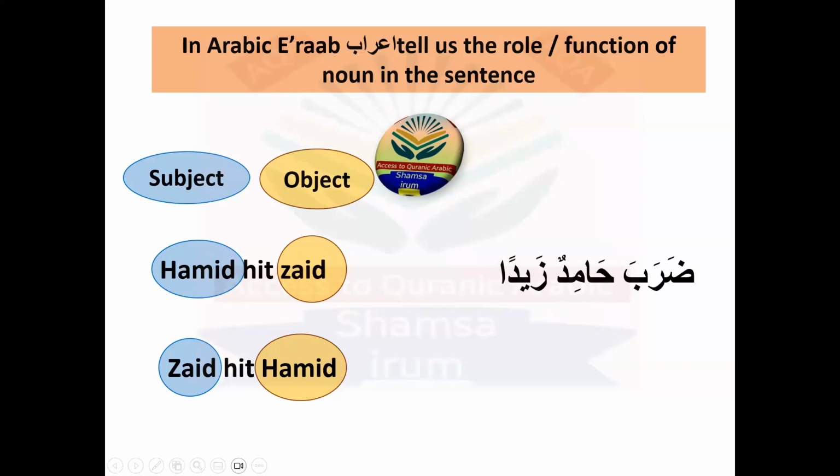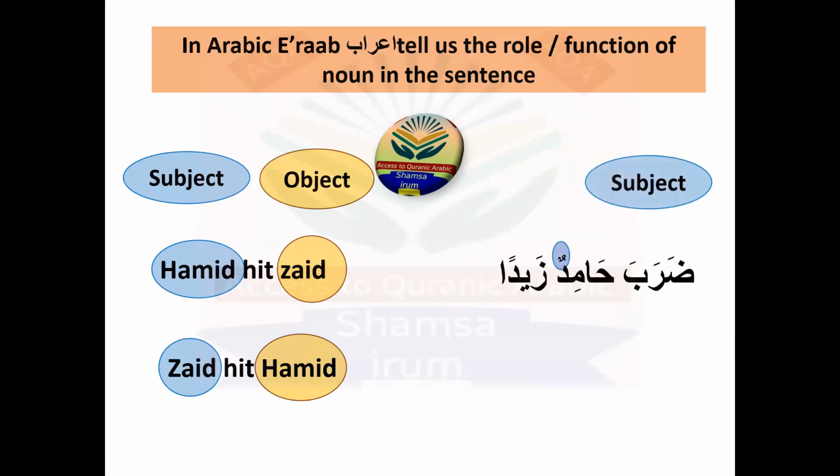So which thing will tell us? In English we can guess these things because of the word order. If it is the first word, the word that starts the sentence, it means it's a subject. But here, the case ending, the haraka of the last letter, will tell us the role of this noun. If you see the dhamma at the end, it means it's marfu, so it is a subject here.